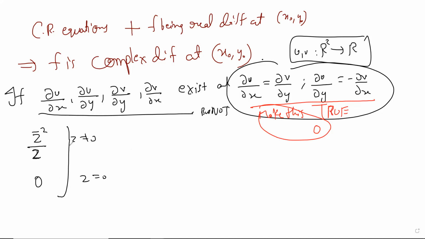But will the partial derivatives exist at 0 for this function? Maybe yes, because you put this. No, but still the partial derivative may not exist, right? It may not, unless you check it. So you can just check if this works.